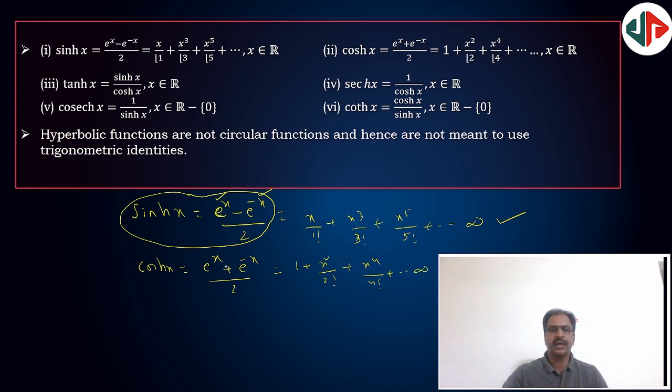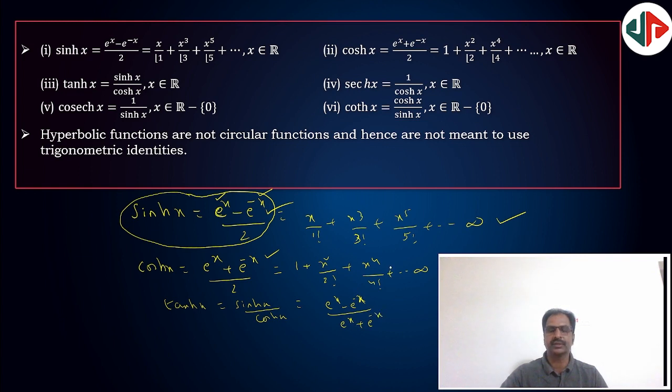This is obtained by adding the e power x and e power minus x expansions and dividing by 2. And the hyperbolic tan function is nothing but sin hx by cos hx. We know sin hx and cos hx like this. When you divide those two, 2 gets cancelled. Then you get e power x minus e power minus x by e power x plus e power minus x.